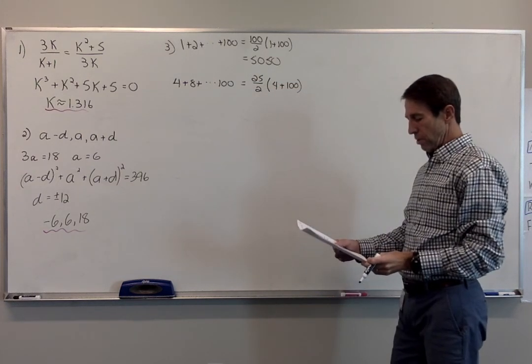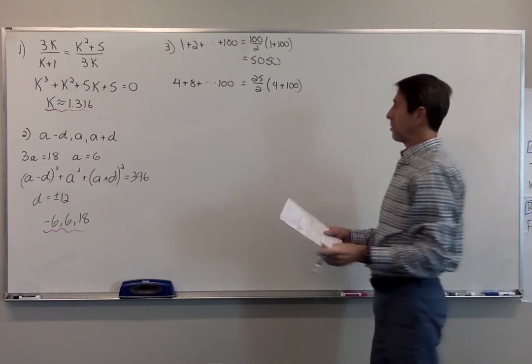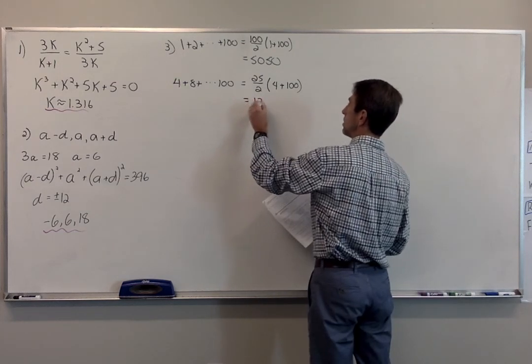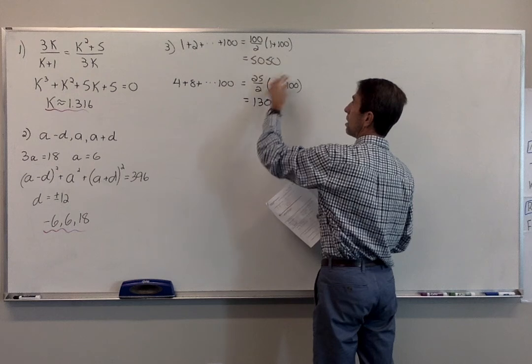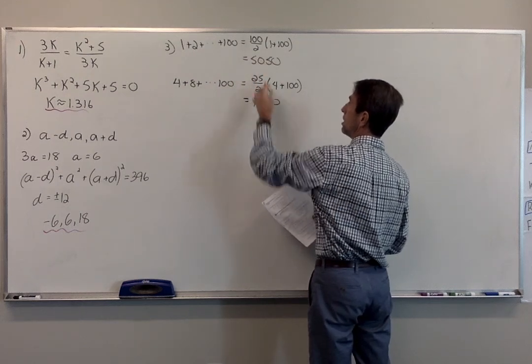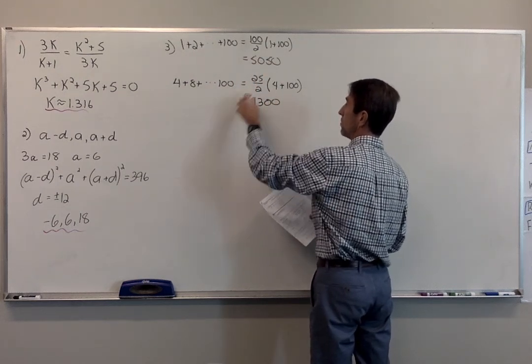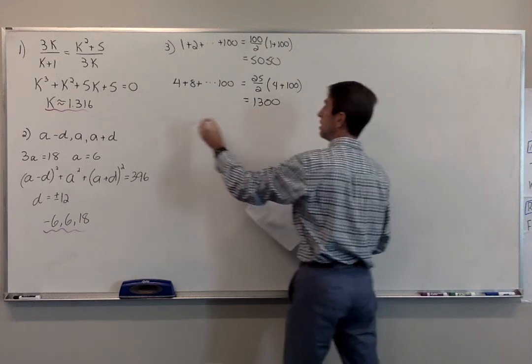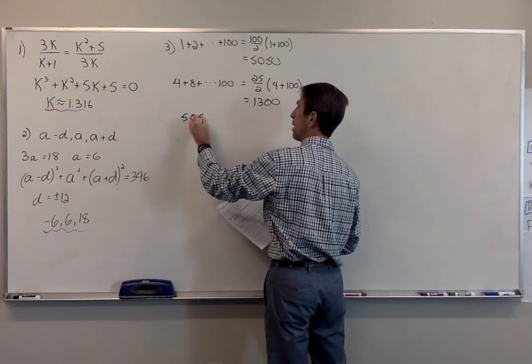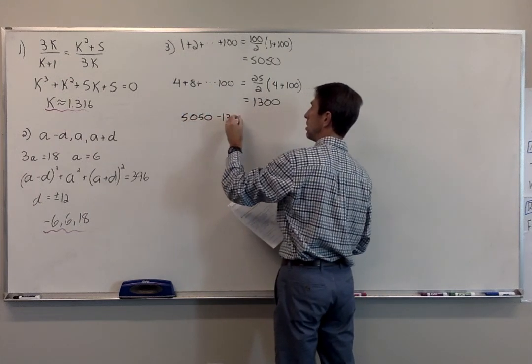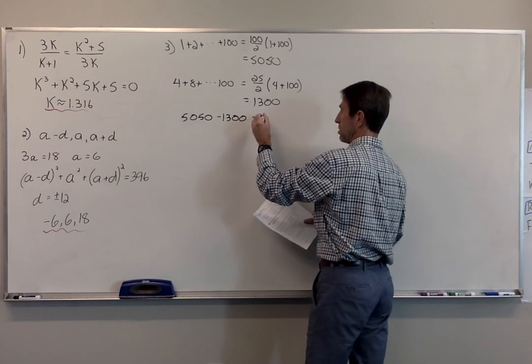And then if we do this little calculation, I think we get 1,300. So these are all the numbers, the sum of all the numbers from 1 to 100. These are the sum of the numbers divisible by 4 from 1 to 100. So the ones that are not divisible by 4 would be that's 3,750.